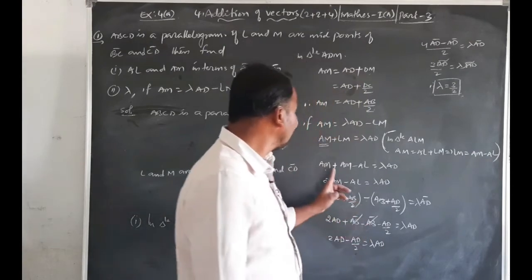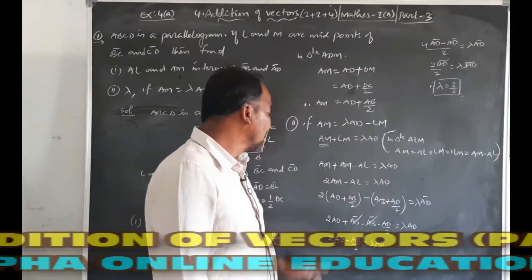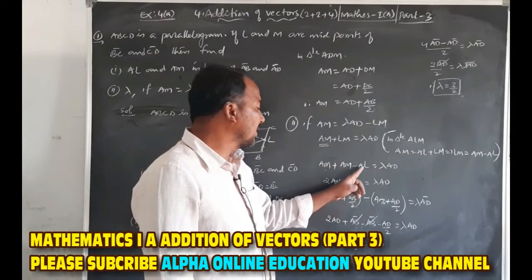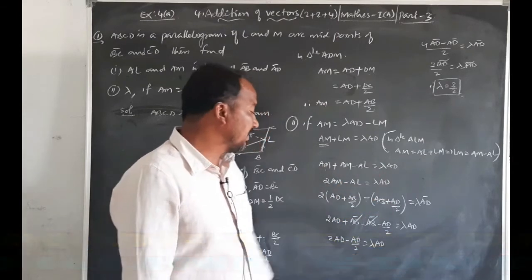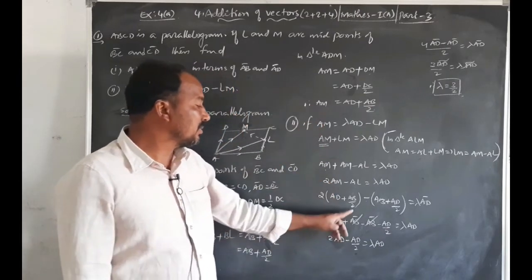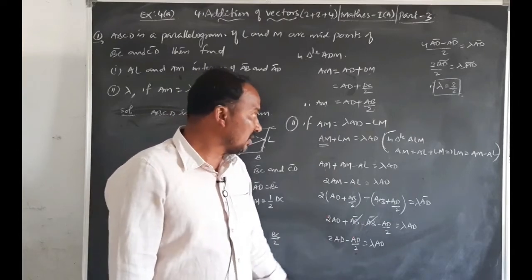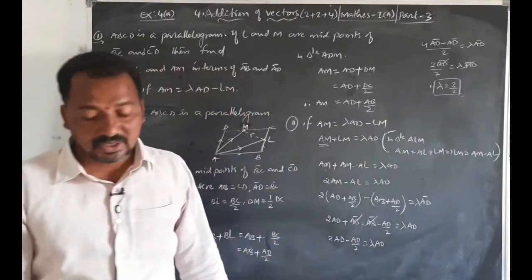So 2AM minus AL equals lambda AD. 2 into AM, AD plus AB by 2, minus AL, AB plus AD by 2. Simplify the value, lambda equals 3 by 2.